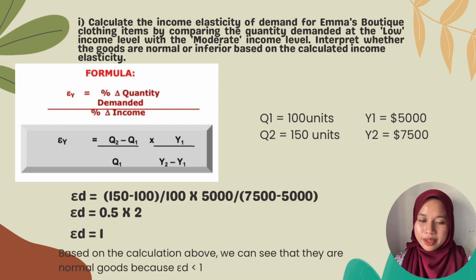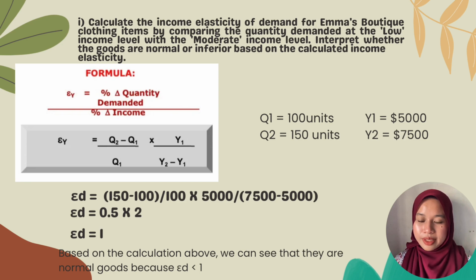At low income level, quantity demanded is 100 units, while moderate is 150 units. Income at low level is $5,000, while moderate is $7,500. So Q2 minus Q1 divided by Q1, times Y1 divided by Y2 minus Y1.